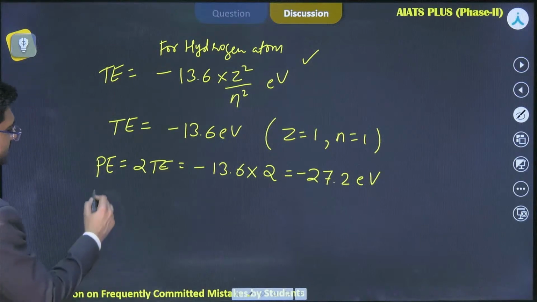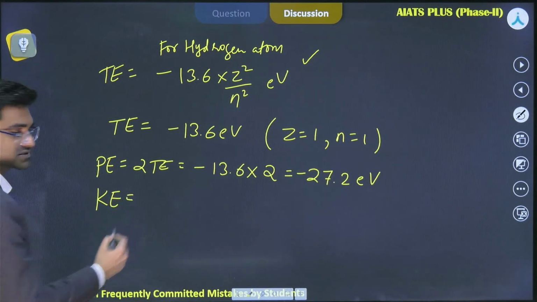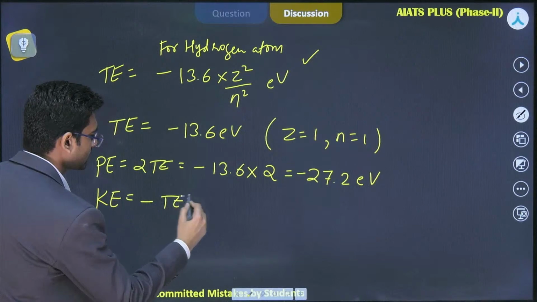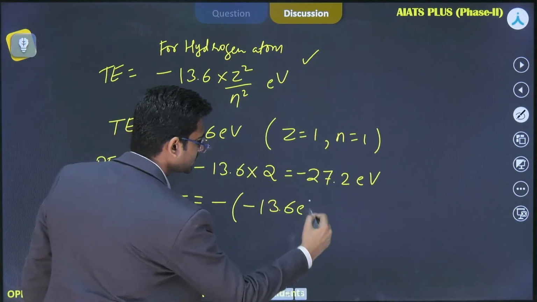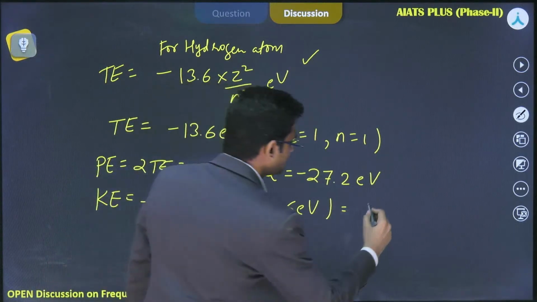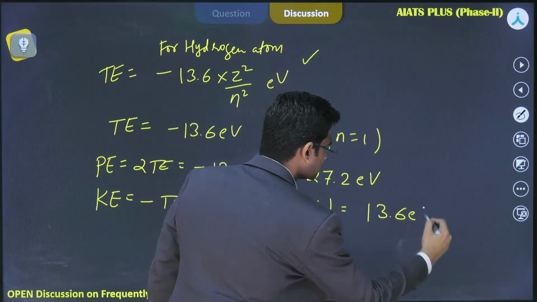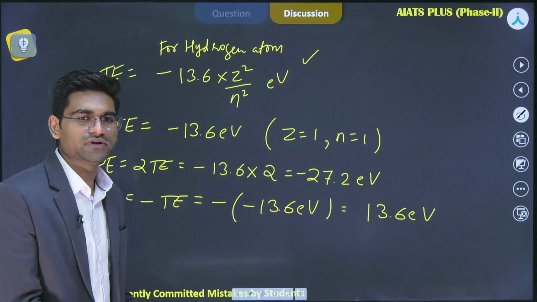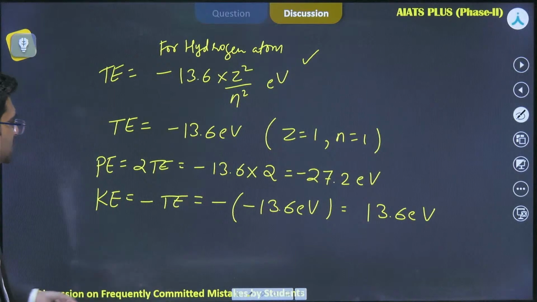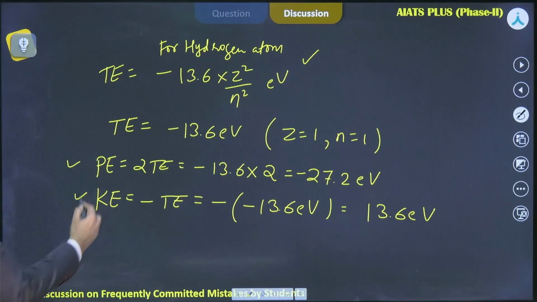What will happen to kinetic energy? Kinetic energy is minus of total energy, so this will be minus of minus 13.6 electron volt, which gives plus 13.6 electron volt. Kinetic energy is half mv square, so it cannot be negative. It has to be positive always. Yes, Sukanya. So potential energy is this, kinetic energy is this.